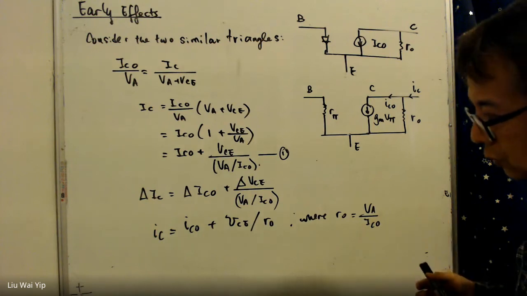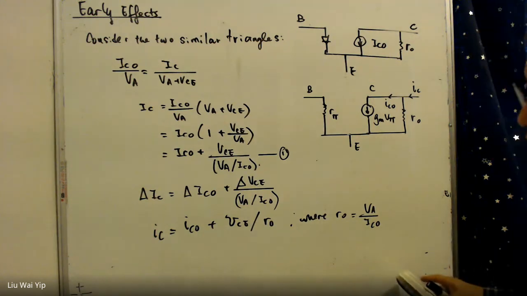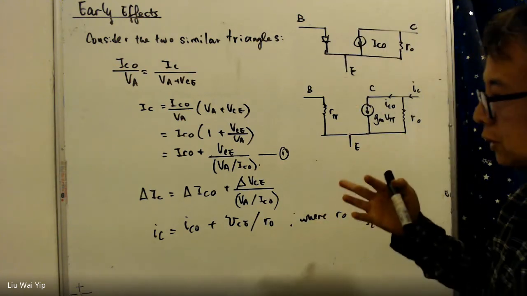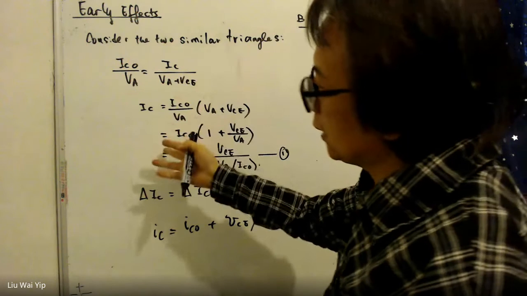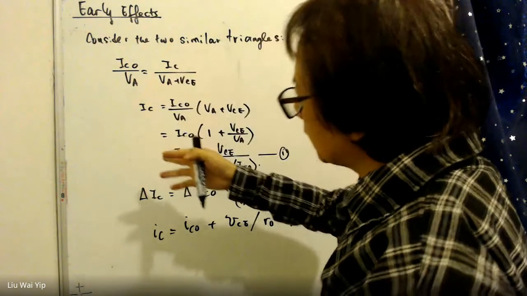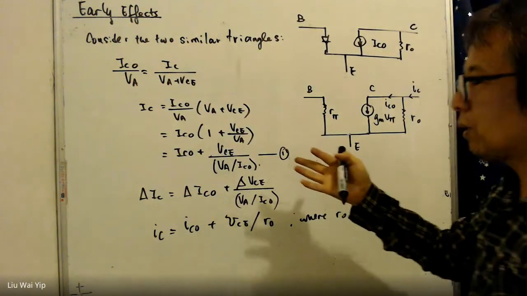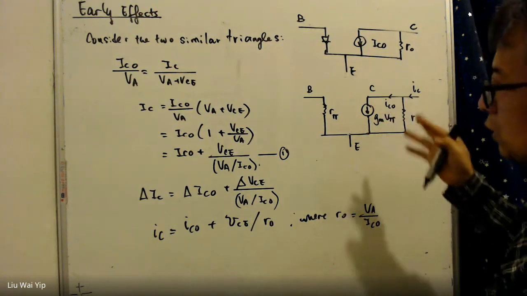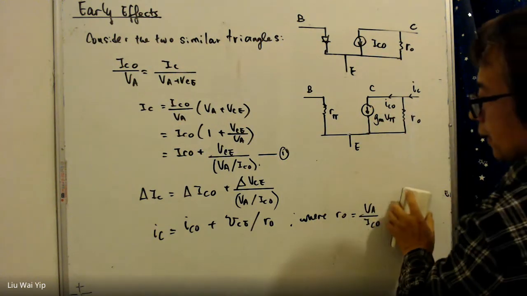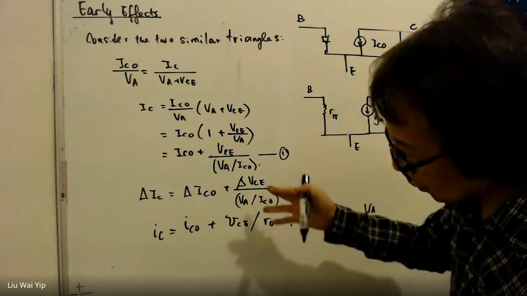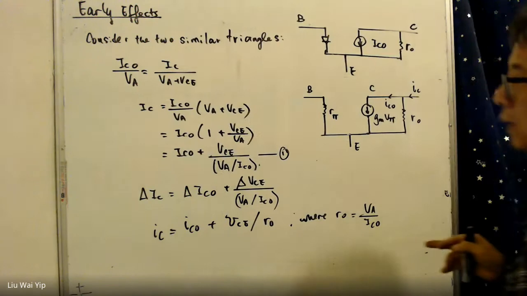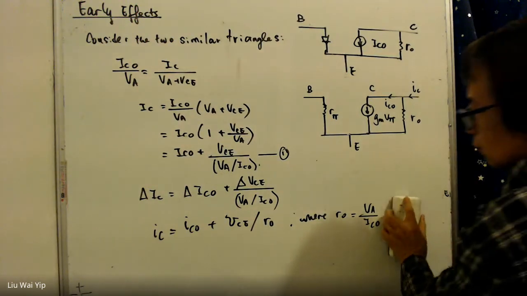But you guys haven't, so I suggest you just memorize the reasons, just in case in the future when you are interviewed for jobs in IC design and asked a question about the Early effect, at least you know what caused it. I told you the Early effect will end up with higher collector current, and the reason is very simple.